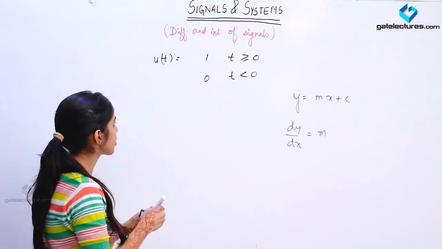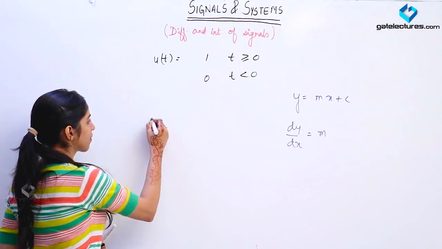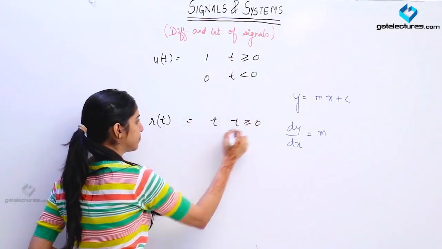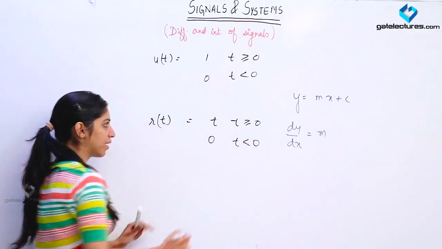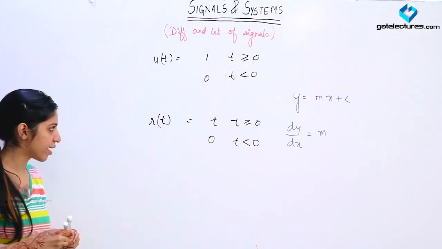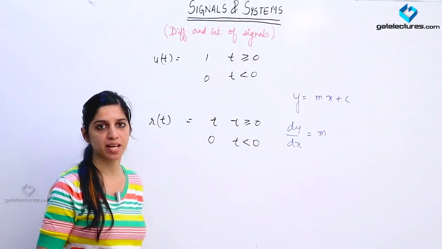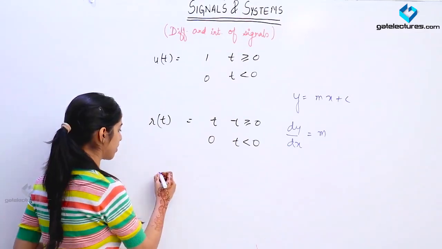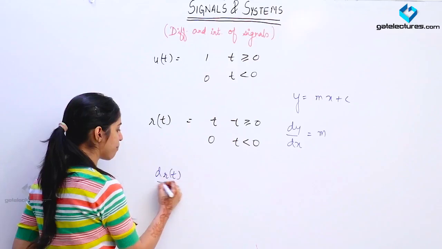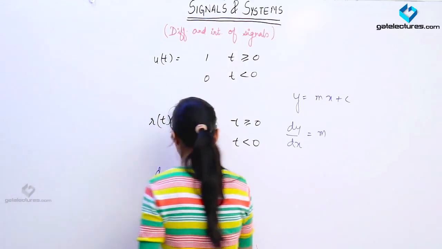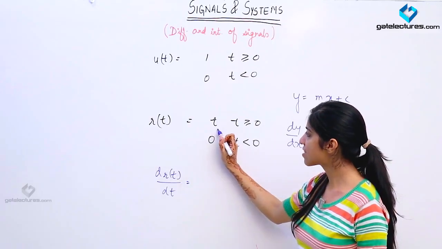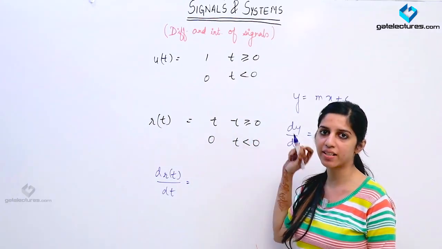Now look at the definition of ramp function, r(t). We defined ramp function like this, right? This is the basic definition of a ramp function. Now see, when I differentiate this ramp function, what do I obtain? See, this r(t) was defined as t for all values of t greater than or equal to 0.